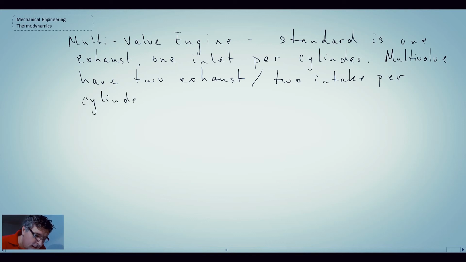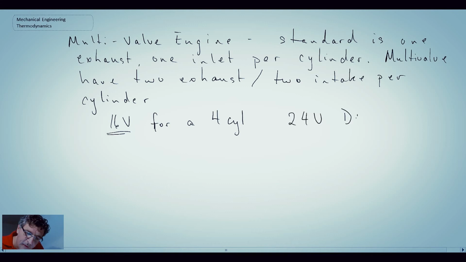And you'll see these, for example, if it's a 4-cylinder engine, it would be 16 valve. And you'll sometimes see this on the back of the car, 16V, that would denote 16 valve. Or sometimes you'll see even 24 valve double overhead cam. These are different acronyms that you'll see on cars or on the engine block itself.